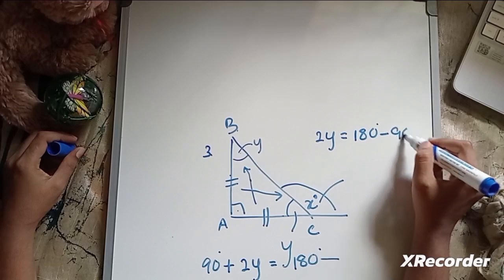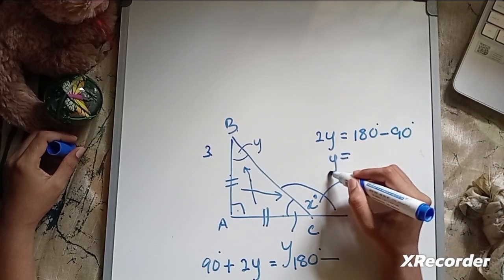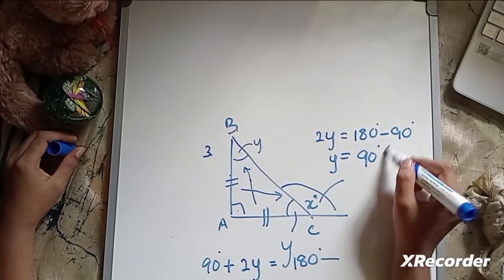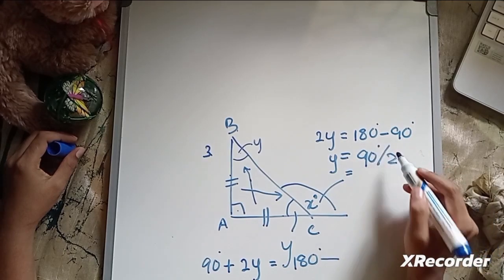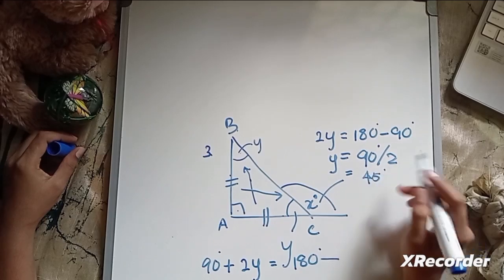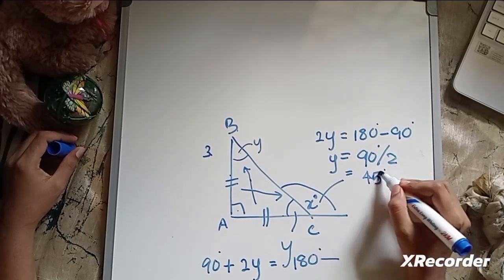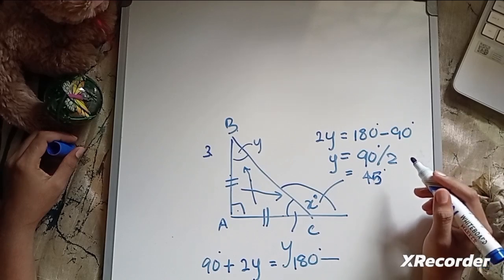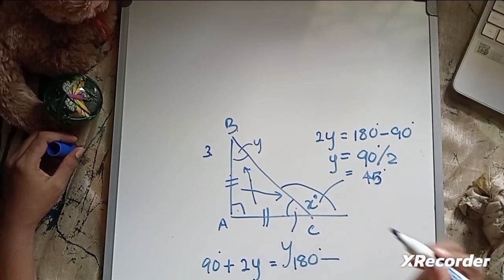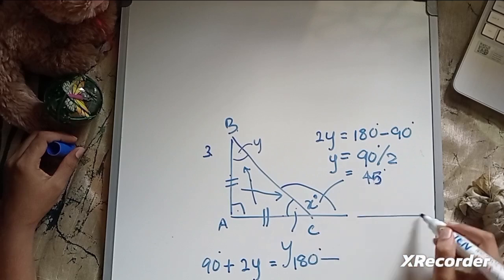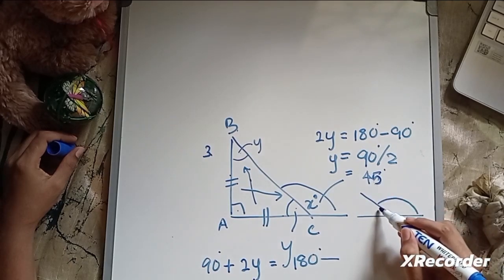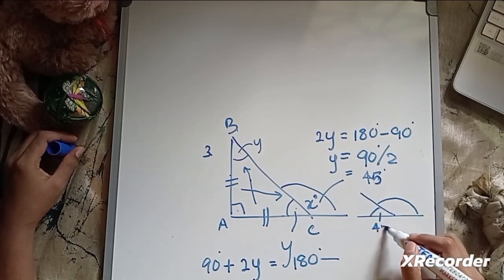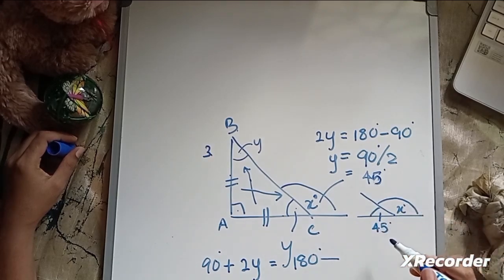180 minus 90 degrees, y equals 90 degrees divided by 2, and it is 45 degrees. So if this is 45, you know that angles on a straight line sum to 180.